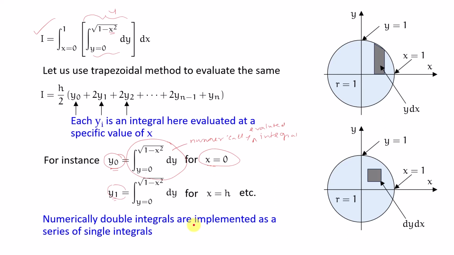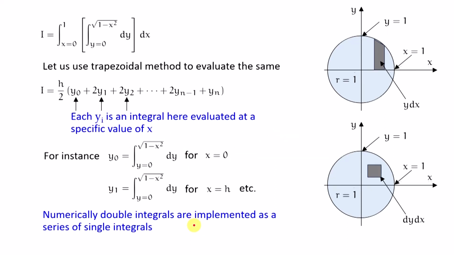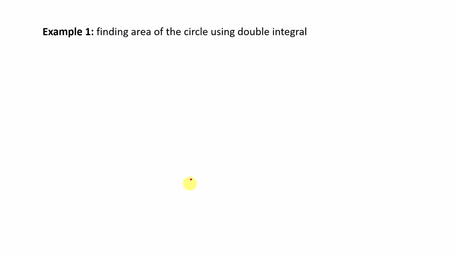So we would like to see how this process can be implemented in a computer. But since this process is pretty complicated, we'll do it in a slightly different way. So let us say we wish to find the area of the circle, or to be specific, the value of pi, using the double integral.